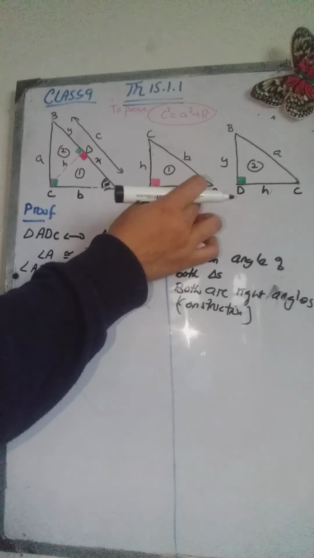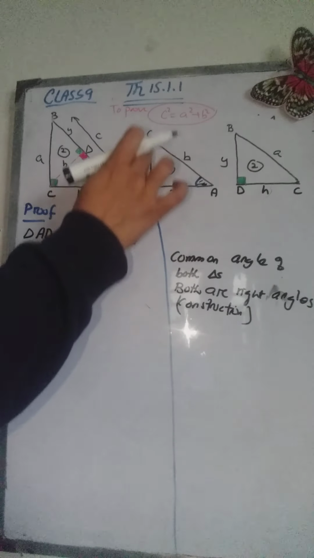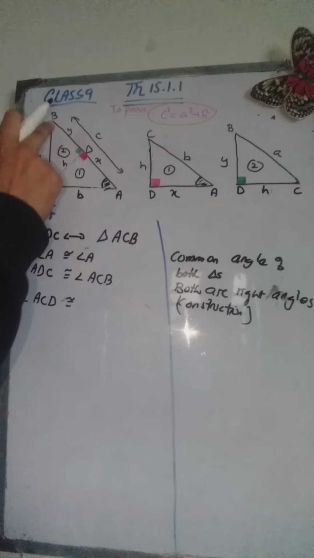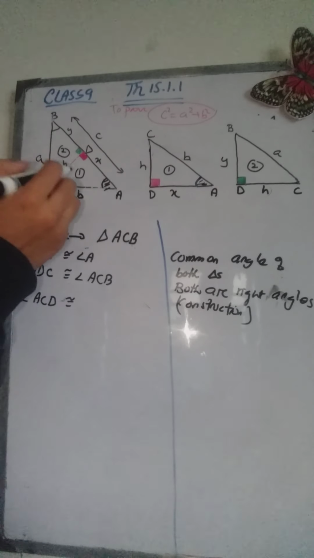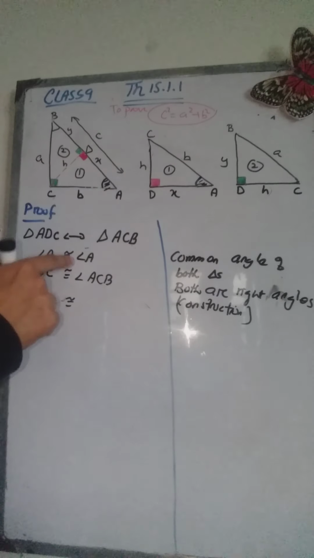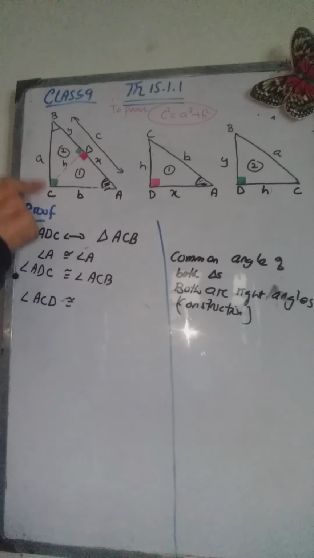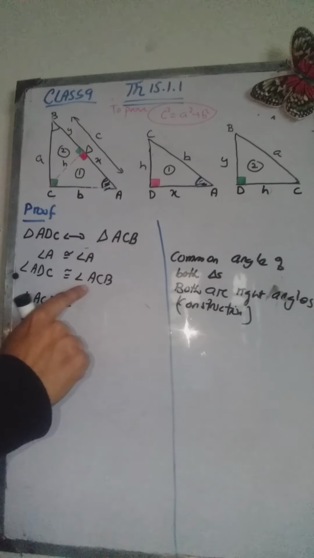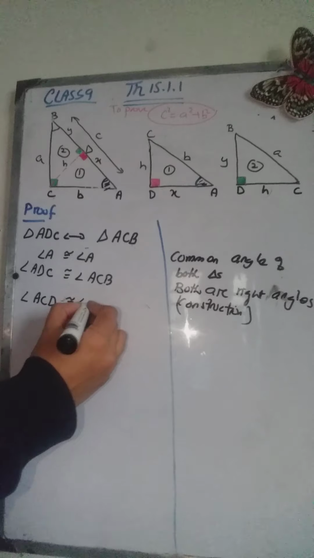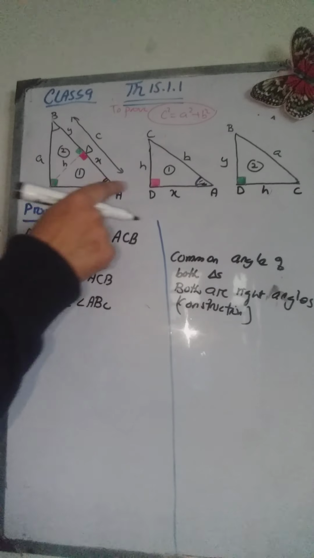Angle ACD will be congruent to the third angle of this triangle. We have taken angle A and angle ACD of this triangle, and the third angle is angle ABC.